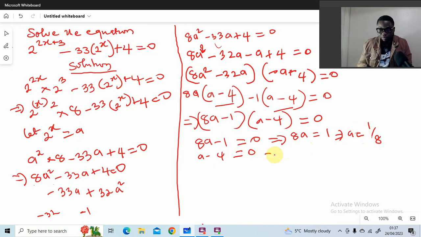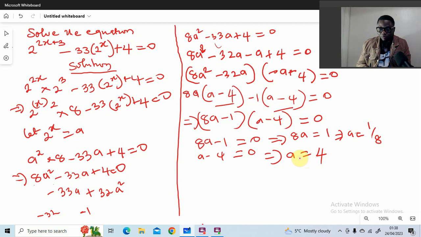The same thing will be done here. Making a the subject of the formula, a is equal to 4, because minus 4 will cross the equal sign to become plus 4. So I have two values of a, which are 1 over 8 and 4.